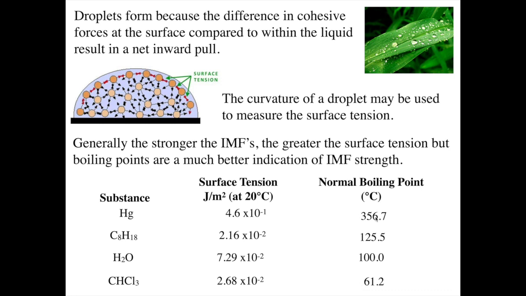So mercury has the highest, followed by octane, and then water, and chloroform. If we look at the trend for surface tension, mercury is the highest, but then water is higher than octane, so it's not the same order.